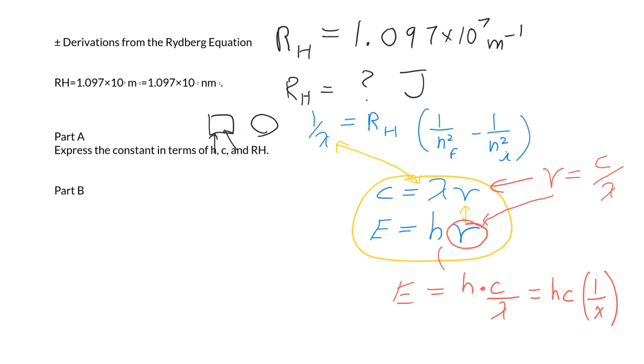So we now know that energy is equal to Planck's constant times the speed of light times the inverse of wavelength. Okay. So now we can do another substitution.